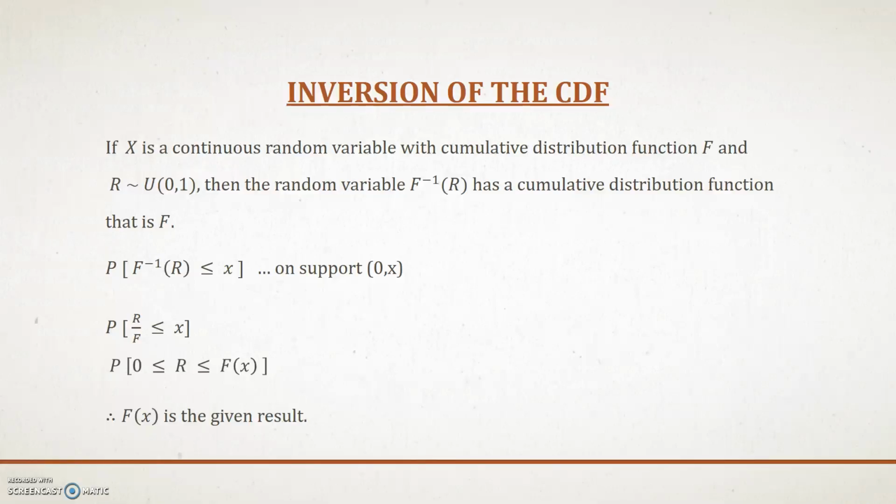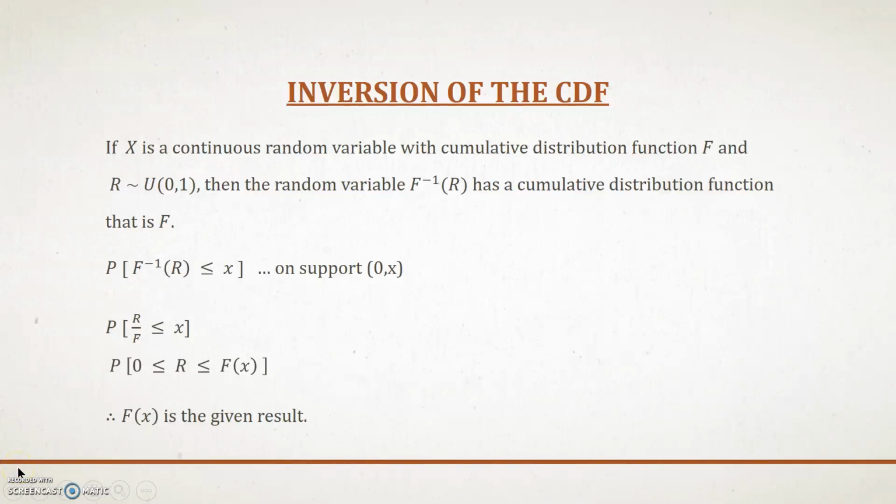We know that R is within 0 and F of x, and since we're going from 0 to x, we can assume that F of x is the given result. Then we're going to go over to MATLAB to look at another example of how this can be written and what our inversion will look like.